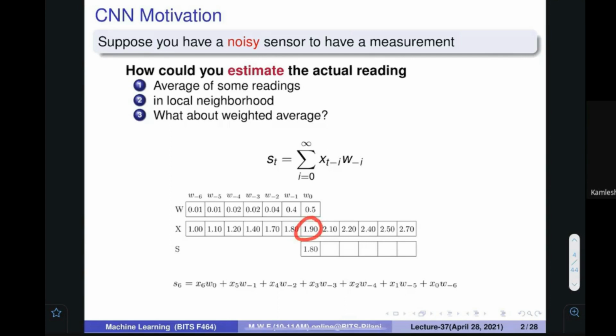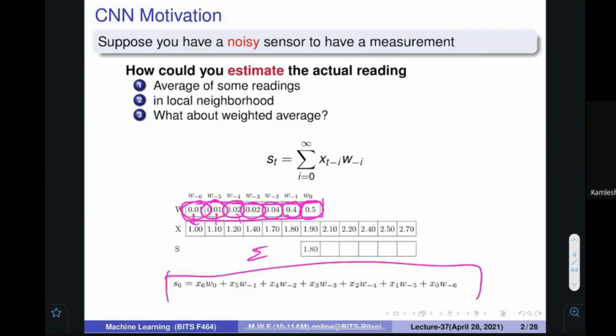So let's assume that you come up with this kind of weighting scheme, where the current item is given the weight 0.5, the previous one 0.4, then 0.04, 0.02, 0.02, 0.1, 0.01. Then you multiply these values, find the summation, and you get the value over here. Interesting idea. So this is logical to do.